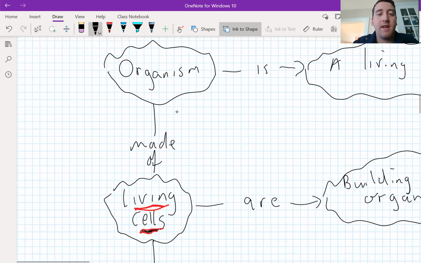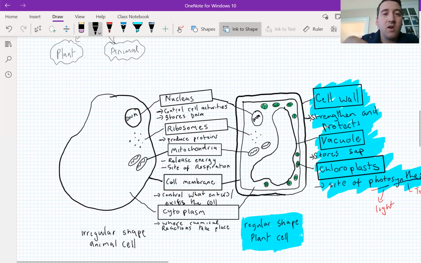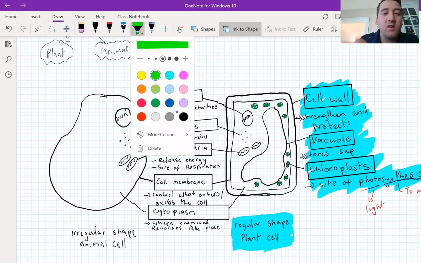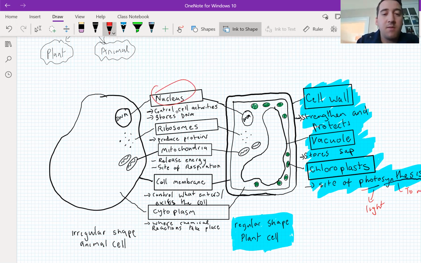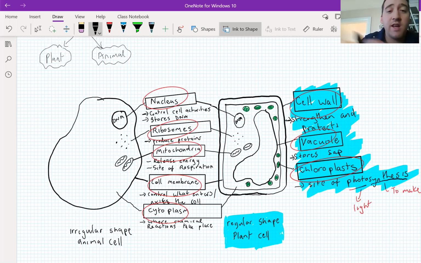And that is each of these structures. By structures, I mean these that we just did: nucleus, ribosomes, mitochondria, cell membrane, cytoplasm, cell wall, vacuole, and chloroplasts. We have a general name for those, and that is this word, organelle.